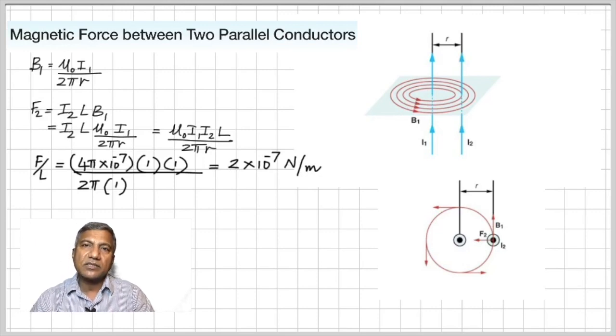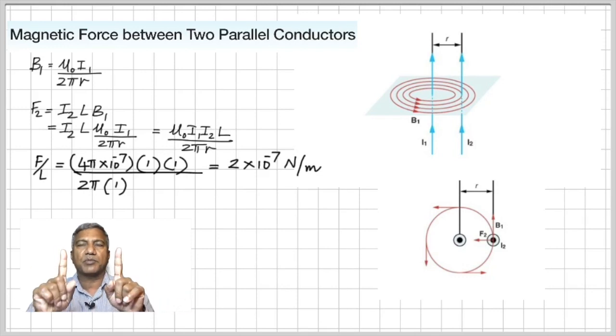And this formula actually helps us to define an ampere, because as you can see, if you consider that the currents flowing through both of them are 1 ampere each, and that these conductors are kept 1 meter apart. So we make everything 1 ampere through this one, 1 ampere through the second one, and they are kept 1 meter apart.